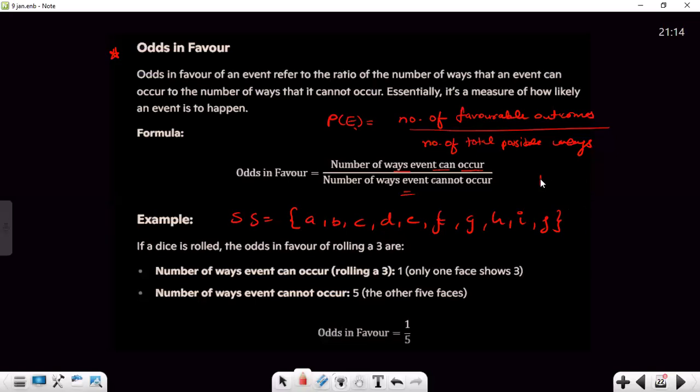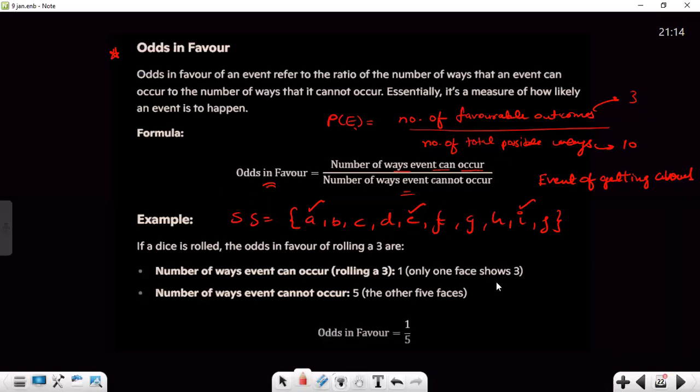And we are discussing an event of getting a vowel. How many vowels are there? 1, 2, 3. So the number of favorable outcomes is 3, and the total number of possible ways is 10. So if we had to find the probability of the event, that will be 3 by 10.